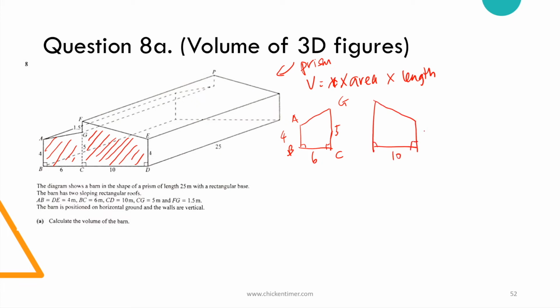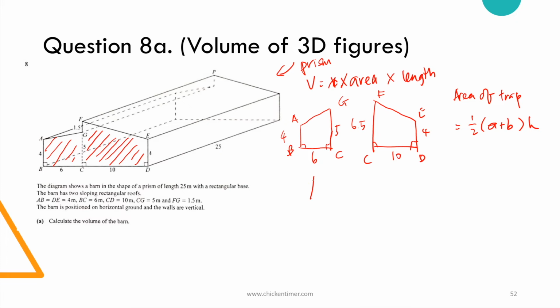It's 10, 4, and 6.5. Yeah, like this. So area of trapezium is equal to half times sum of parallel sides times the height.